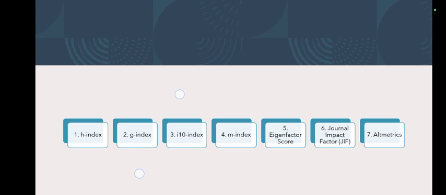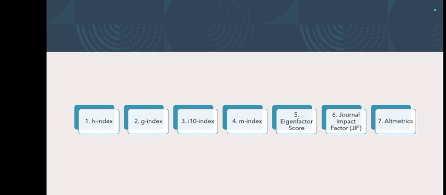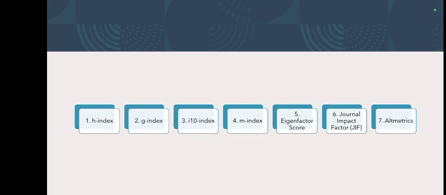Coming to the G index, which is more advanced than the H index, getting a good number for G index is very difficult for anybody. For example, if a person has published 10 publications, here the calculation comes.